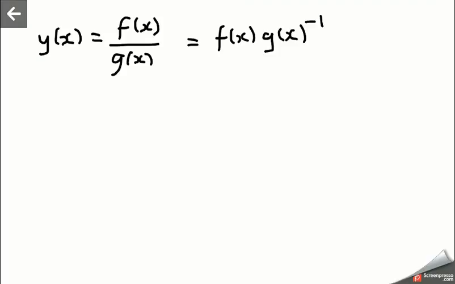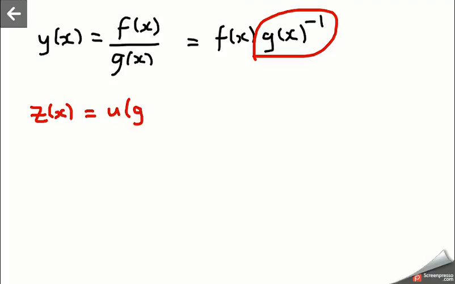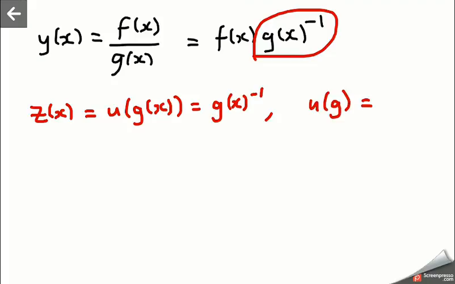So to do that, let's take care of this part in the circle. Suppose that z of x is equal to u of g of x, which is equal to g of x to the -1. Then it must be the case that u of g is equal to g to the -1.